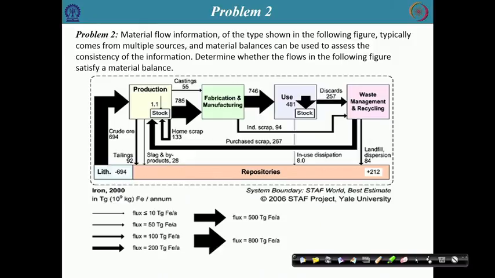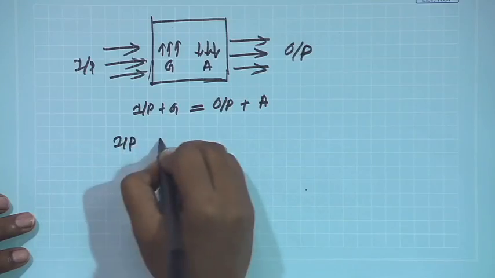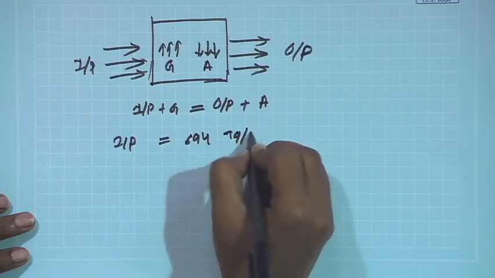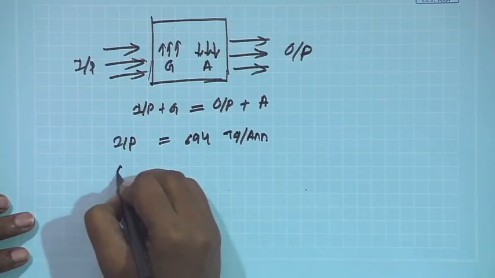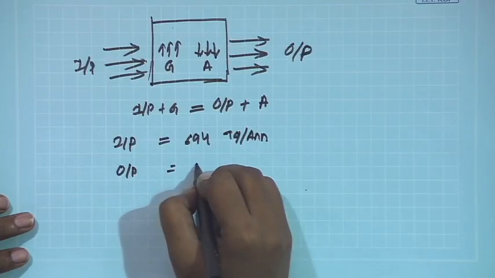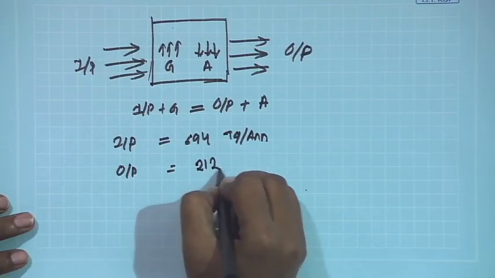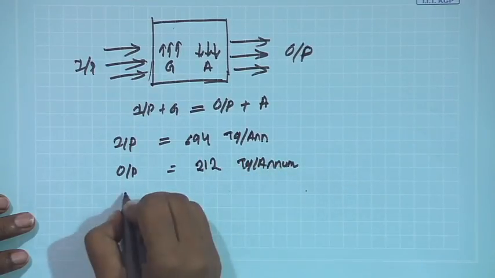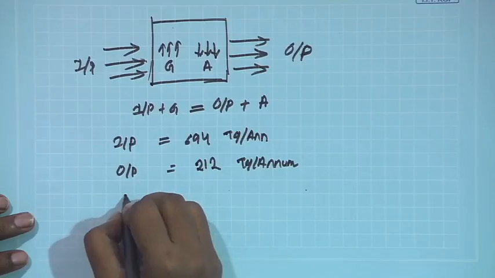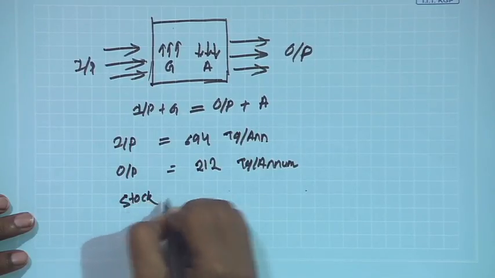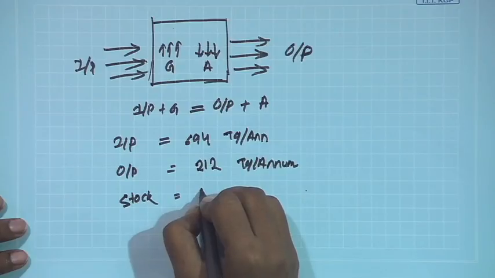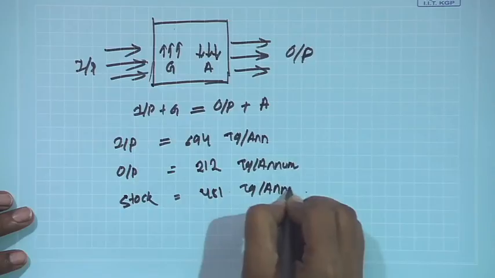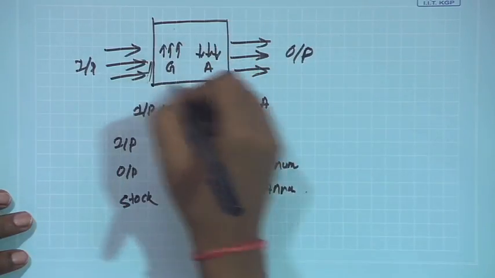In this figure the input is only 694 teragram per annum, and the output is 212 teragram per annum, and the accumulation inside the system, that is the stock, is 481 teragram per annum. In this question there is no generation inside the boundary.